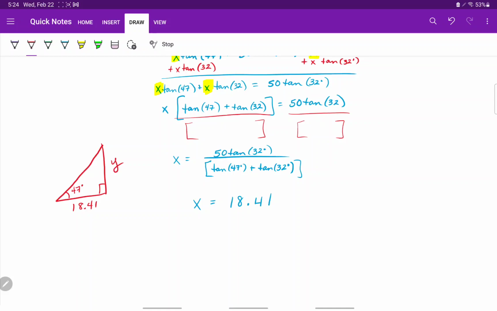From our angle of 47, y is opposite and 18.41 is adjacent. So we'll use tangent again. Tangent of 47 degrees is going to be equal to y over 18.41. Solving for y, we will multiply both sides by that 18.41.